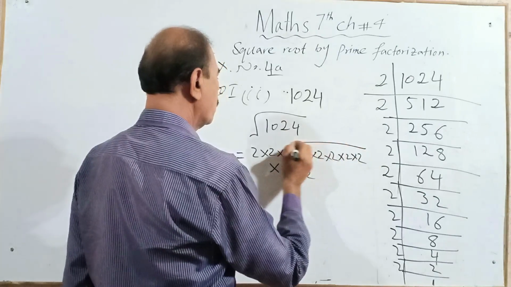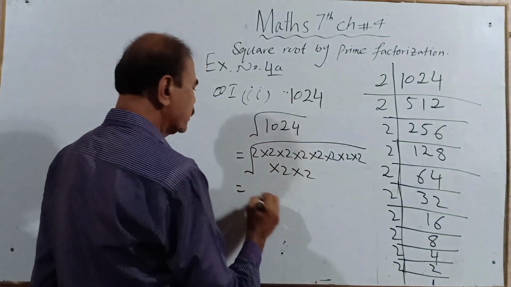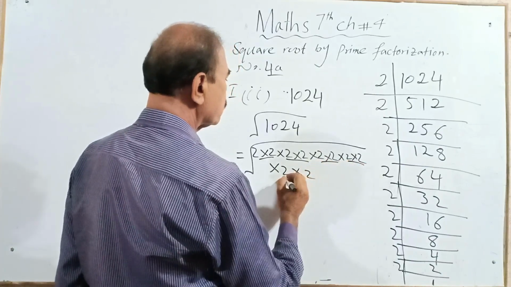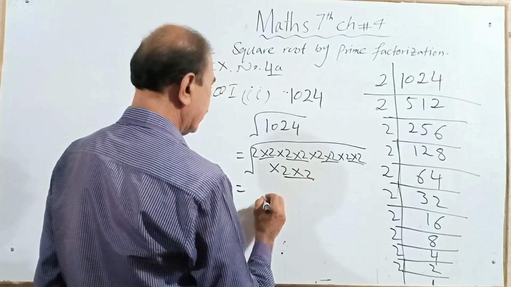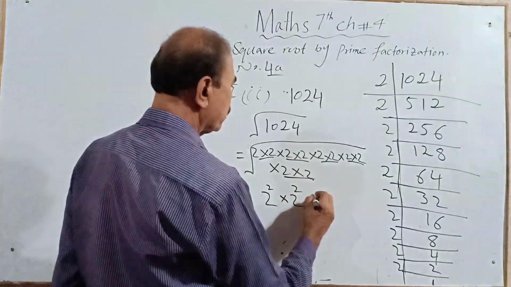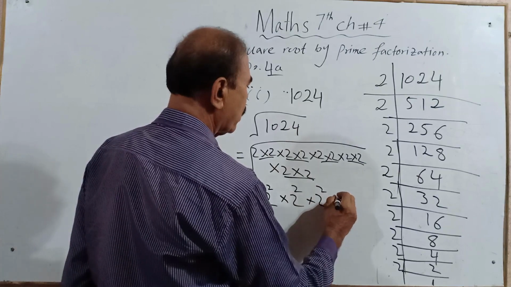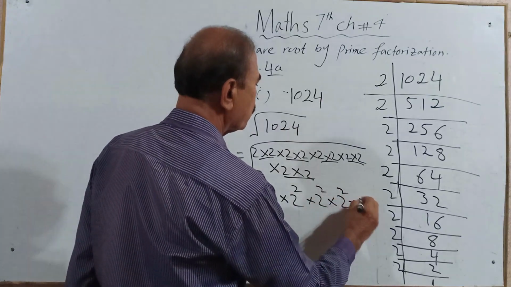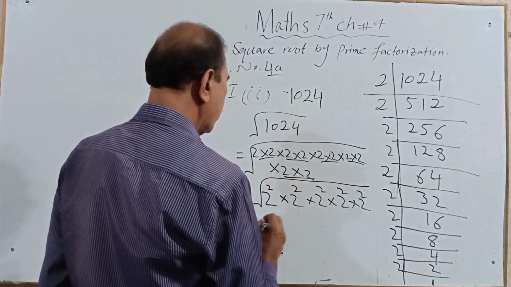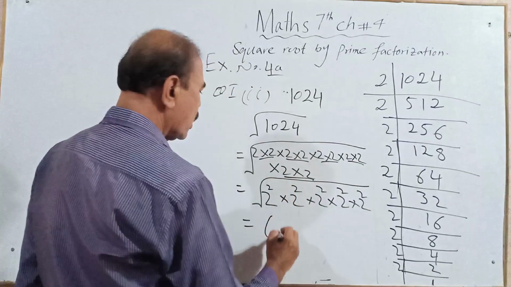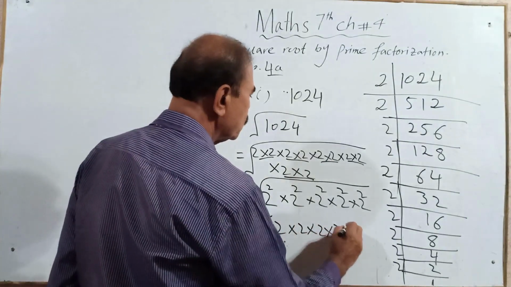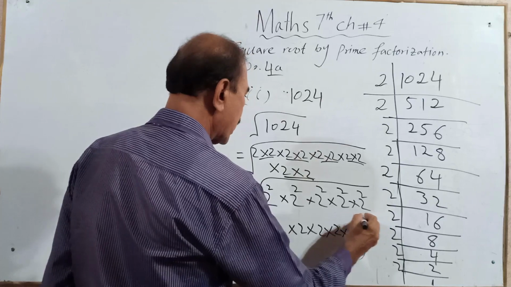Now these are the pairs, and pairs mean you have a square. 2 whole square multiplied by 2 whole square multiplied by 2 whole square multiplied by 2 whole square and multiplied by 2 whole square.